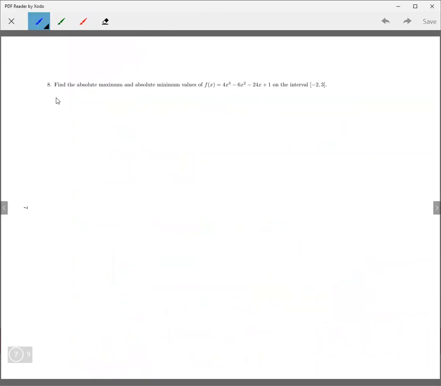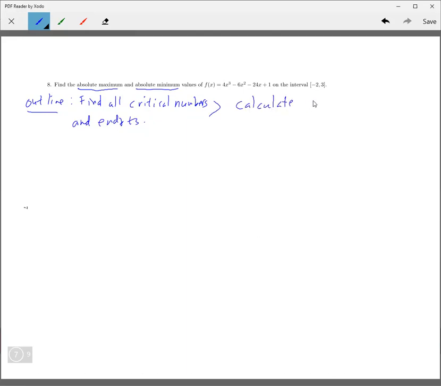Number 8. When it says find the absolute maximum and absolute minimum, the outline of what we're supposed to do is find all critical numbers and endpoints, and then calculate f of c at all of these.